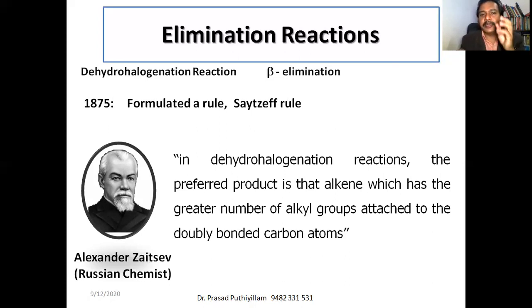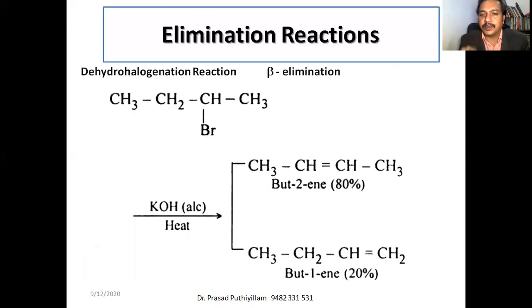It stated that in a dehydrohalogenation reaction, the preferred product is that alkene which has the greater number of alkyl groups attached to the doubly bonded carbon atoms.